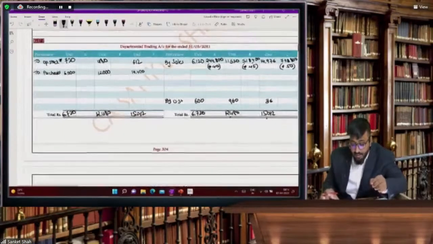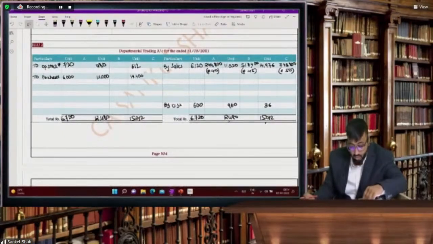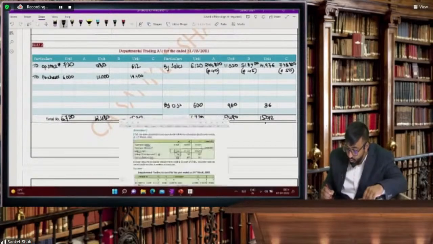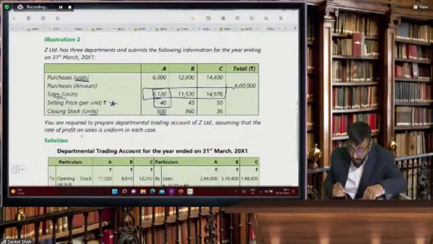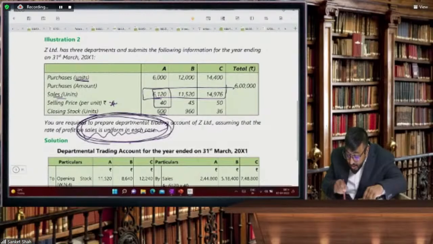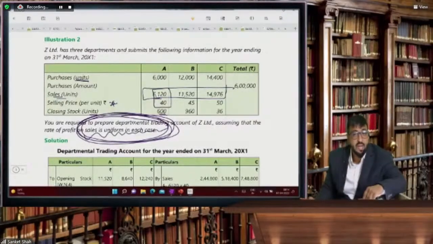It's a balancing figure, beta. So step 1, balancing figure. Now how to solve? Beta, what is given in the question? Rate of profit on sales is uniform in each case, and this is a hint.